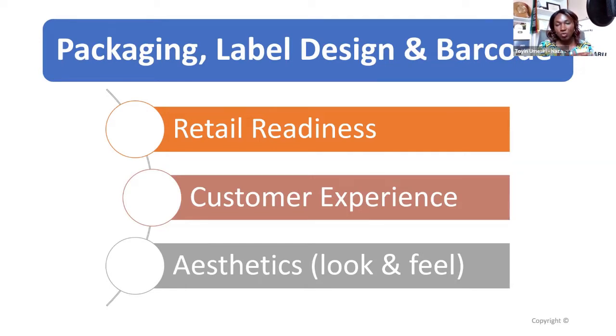Even if you want to go mainstream, even simply on Amazon, if you want to do Amazon logistics or fulfilled by Amazon, you have to do barcodes that are readable, right? So retail readiness also, for those who say, okay, I want to be on Amazon or I want to be on Walmart or Walgreens, this is heavy.